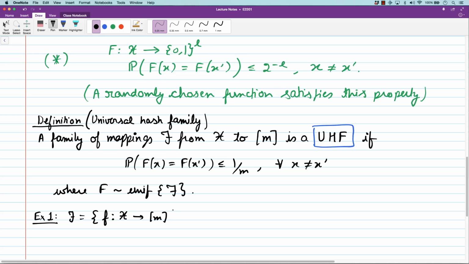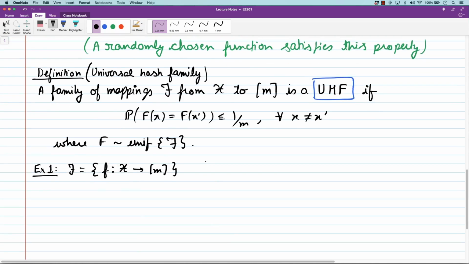Okay, this is a universal hash family, but this family is very large. This is the set of all mappings. So what was its cardinality? We discussed it at some point in the class.